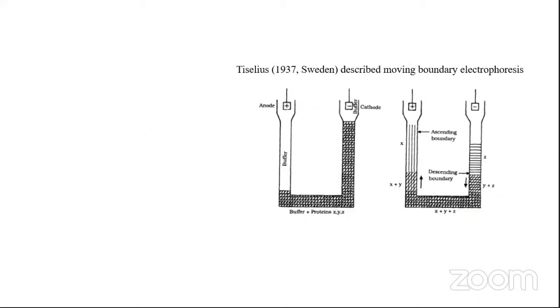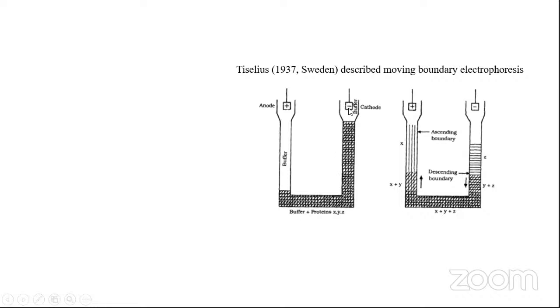So there was a need to develop another method, and that is called the Tiselius moving boundary electrophoresis apparatus. This was done by Tiselius, and it is named after him. It's basically a kind of U-tube, not the U-tube that we know about. It is a U-shaped tube structure. Okay, and within that U-shaped tube, you fill it up to a particular level with a buffer, and inside that buffer, there is a mixture of your sample molecules.